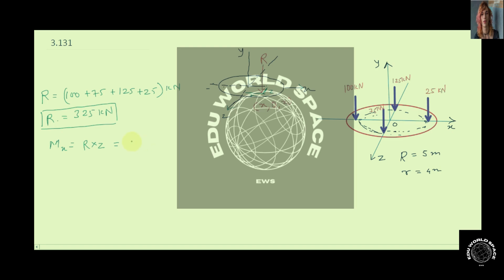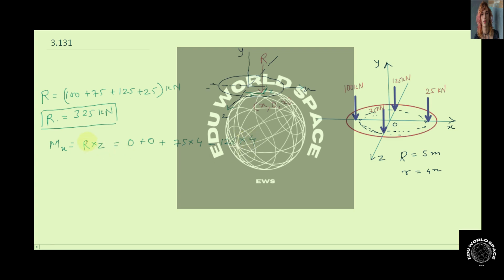So because of 100 it will be 0, because of 25 it will be 0. Now this 75 is in the positive z direction, so its moment will be plus 75 multiplied by its distance 4, and this 125 kilonewton is in negative z direction, so its moment will be minus 125 multiplied by 4.